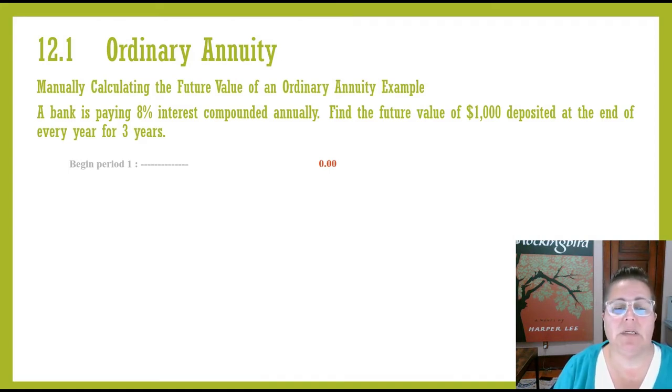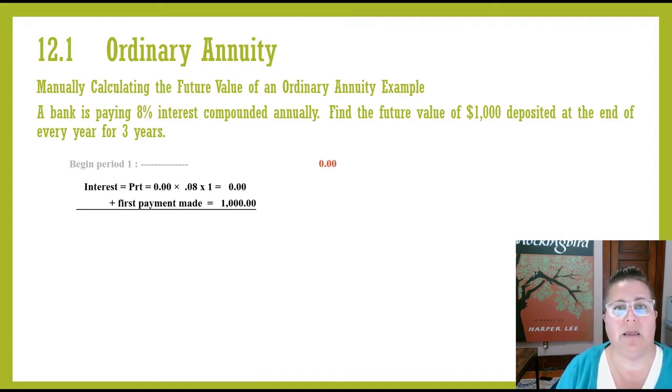Since we're only compounding annually, a whole year goes by. And during that year, since there's zero money in the account, we have $0 at 8% interest for 1 year, which gives us $0.